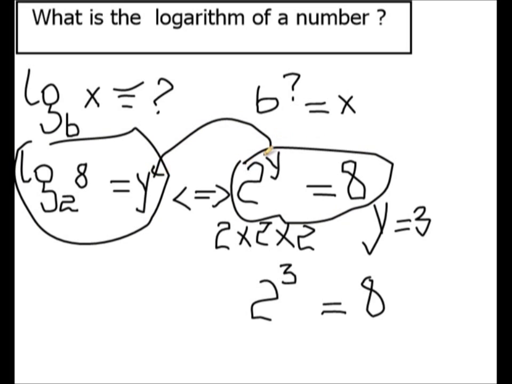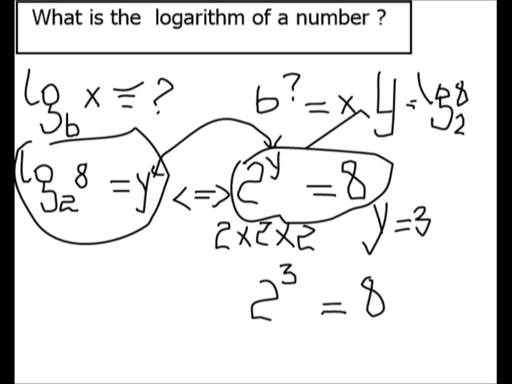This is just another way to write it. They are really exactly the same. So if you see 2 to the power of y equals 8, you can rewrite it as y equals log base 2 of 8. That's the same thing.